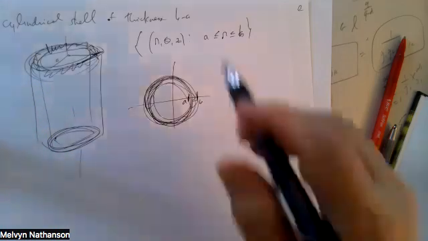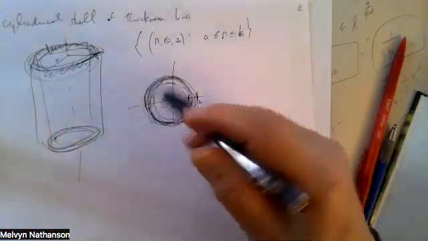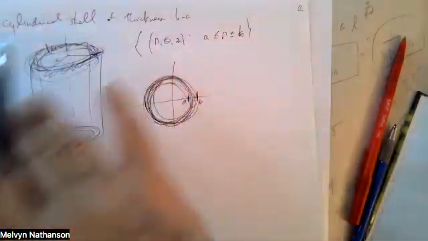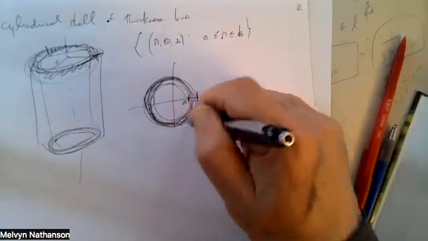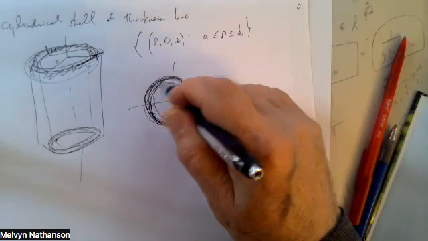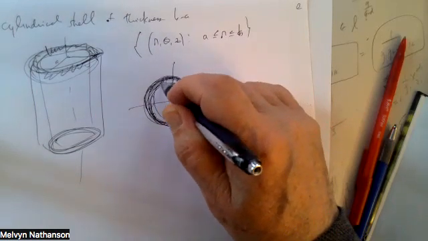Well, forget the fact that it's three dimensional. Suppose you just cut through this pipe with a plane. You get something that looks like this. You have an outer circle of radius B, an inner circle of radius A, and you're looking at the ring.